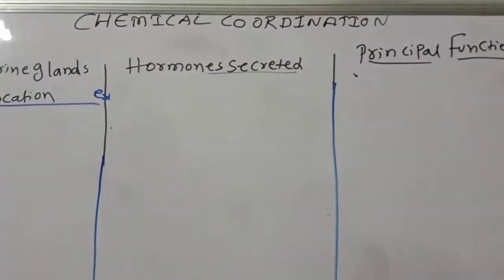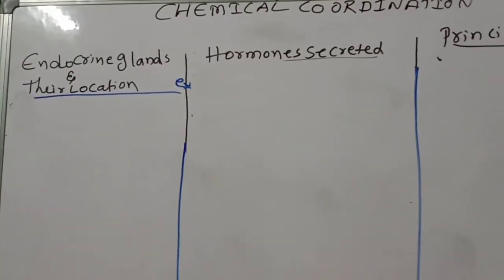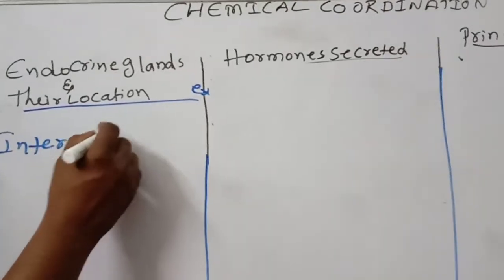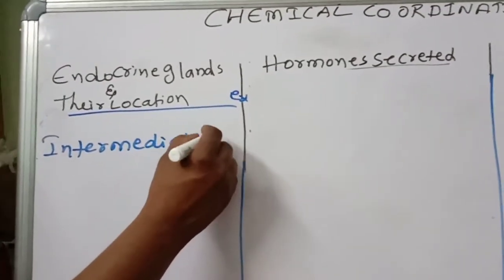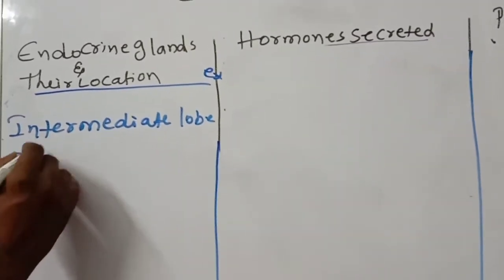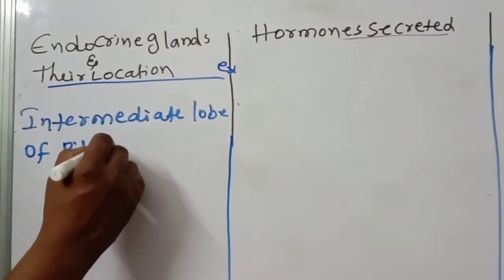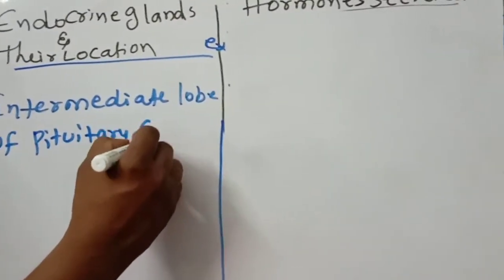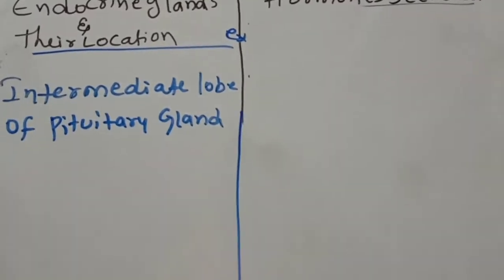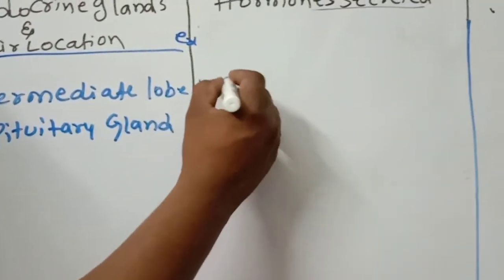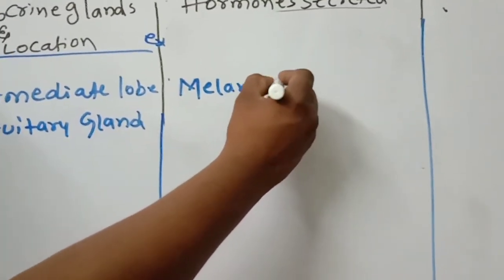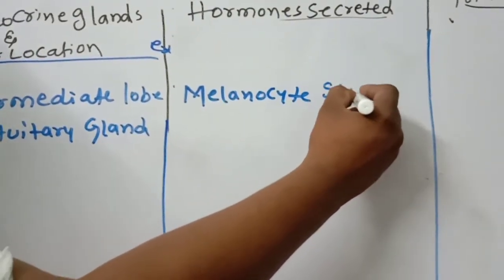The intermediate lobe of the pituitary gland secretes the melanocyte stimulating hormone.